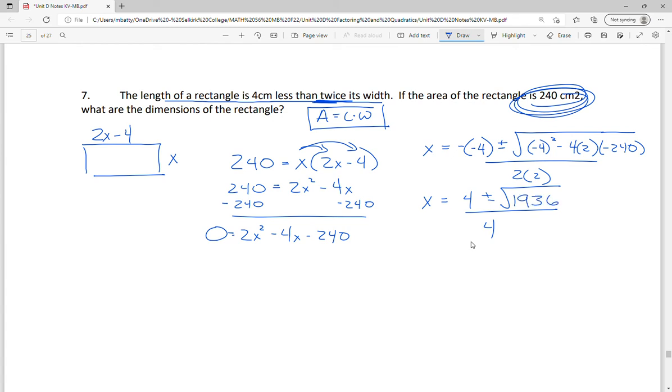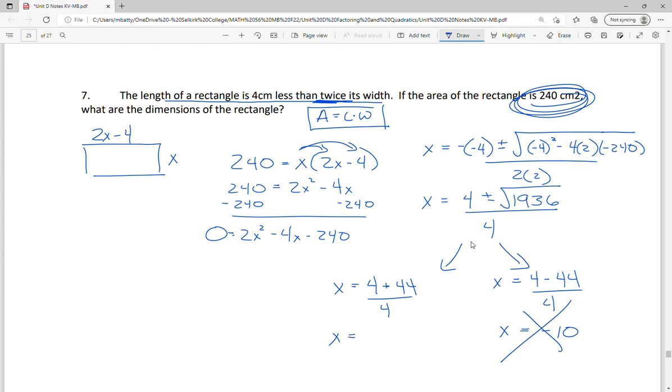And when I got that in my calculator, I hit the square root button, which worked out nice and neat and easy. I'd have the positive option being 4 plus 44 over 4, and I'd have the negative option, so x equaling 4 minus 44 over 4. This one's going to end up being a negative option, so that'd be a negative 10. So I can reject it, whereas this one ends up being 48 over 4, or x equaling 12.